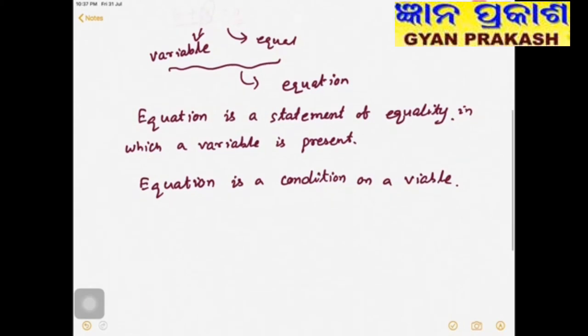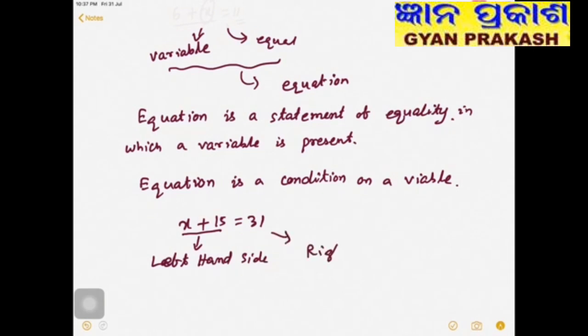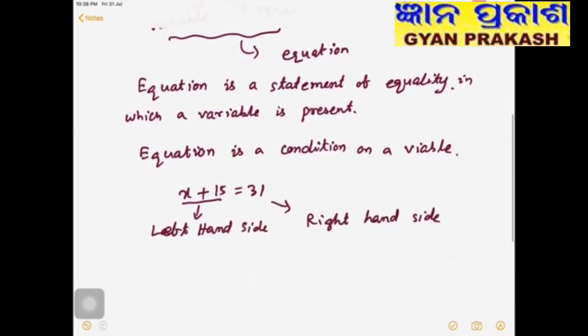Now let us examine one equation. Let us take x plus 15 equal to 31. Here we have the left hand side and the right hand side, and between them the equality sign.